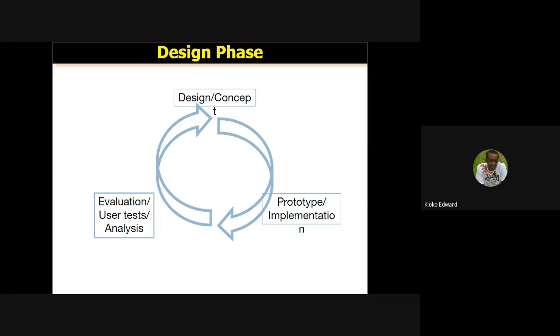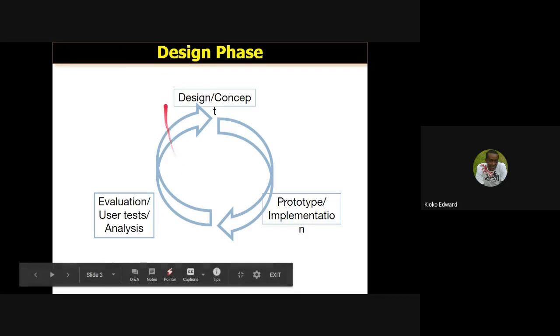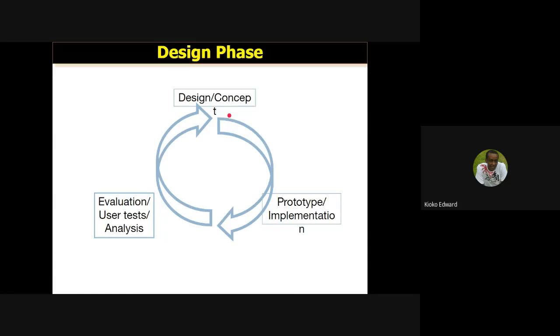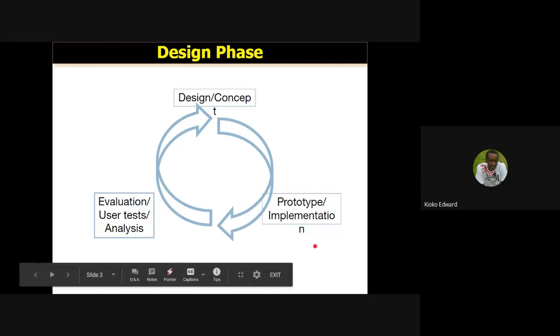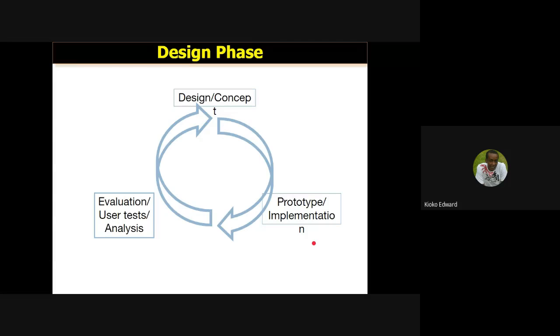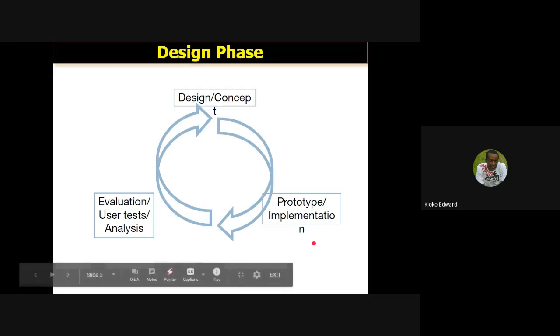The concept of the design phase is very straightforward: it's a very iterative process. Number one, you design, or you have the concept that you want to present to the user. Then stage number two, you do a prototype, or you implement the system. But you cannot get the system right with just one cycle.